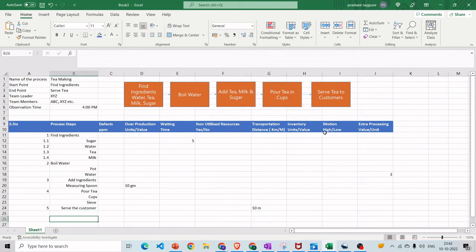So let's say we can total some of these wasted times and quantities. So let's call them as subtotal of time.